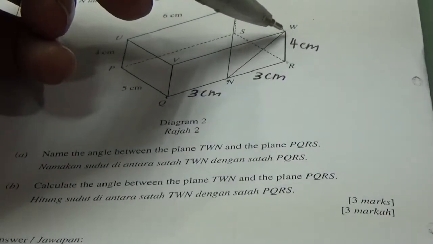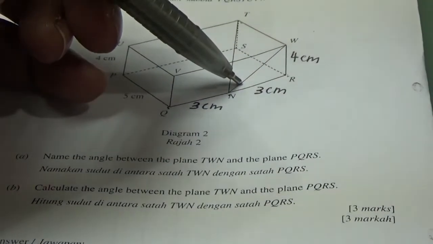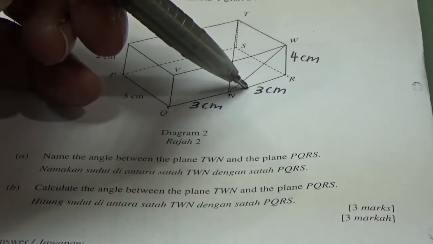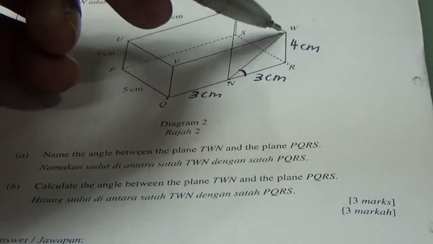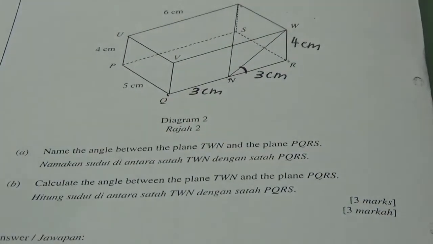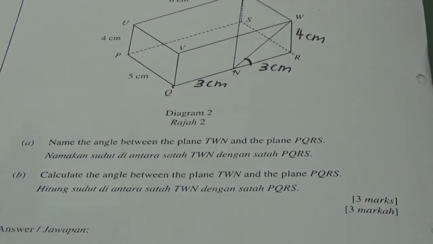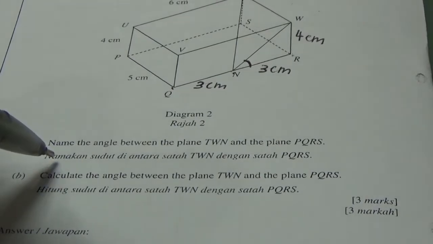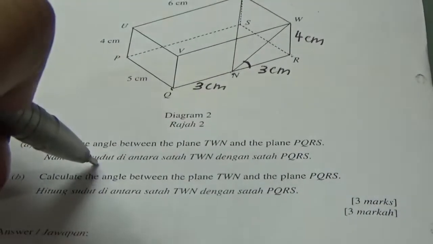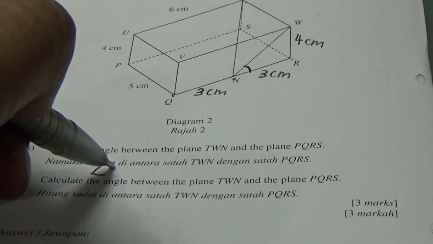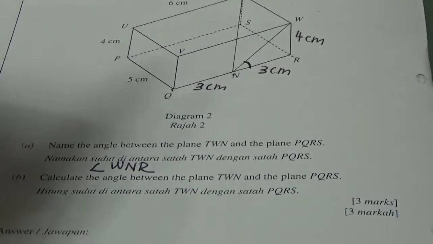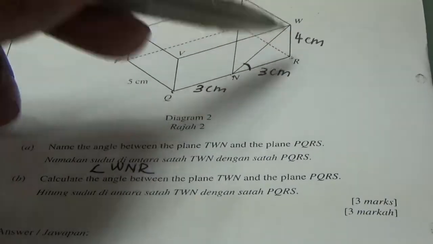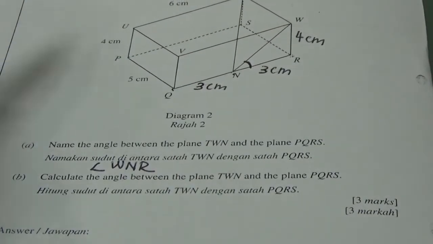This clearly says the angle would be the angle that connects the rectangle as well as the triangle. Therefore, the answer for question A would be angle WNR.